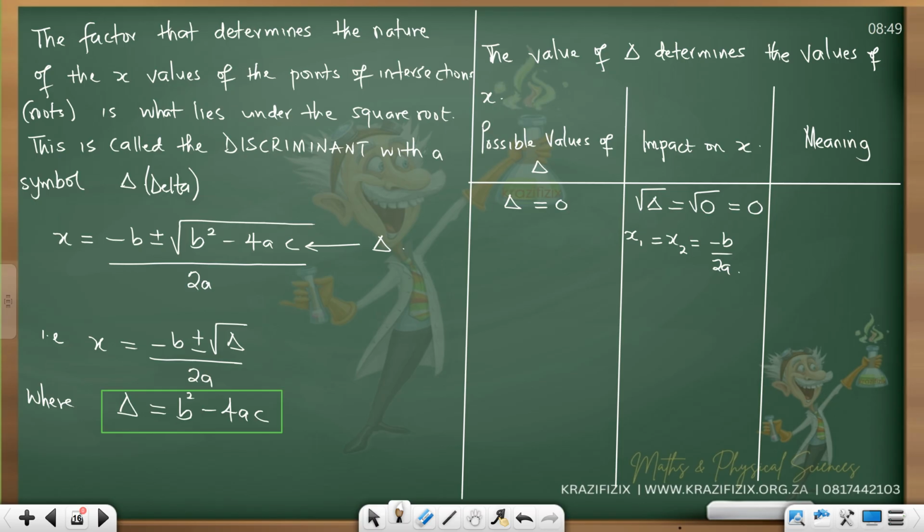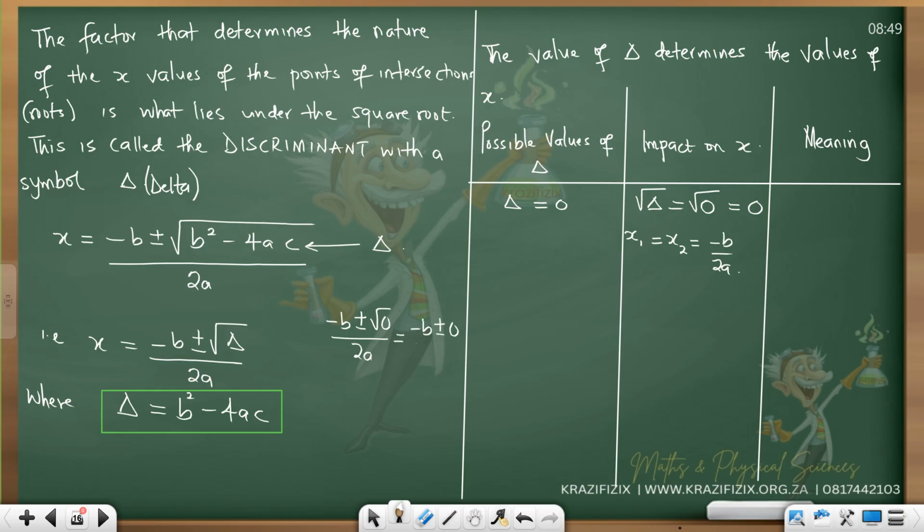I want us to explore what that means, but I don't know if you see what I'm trying to say. If my delta is 0, just a rough work, minus b plus or minus square root of 0 over 2a. What's the square root of 0? It's 0.